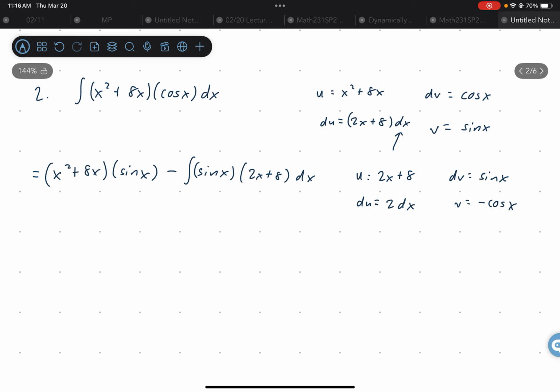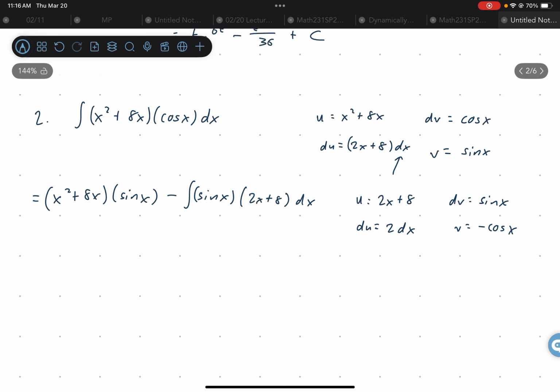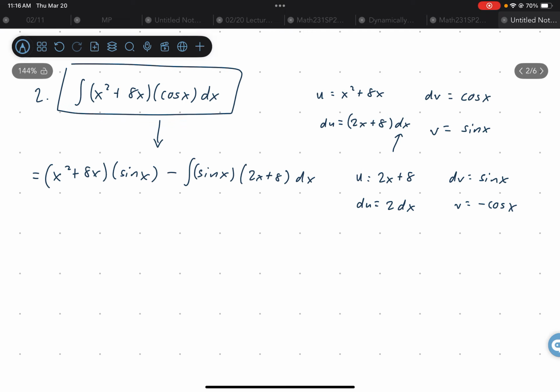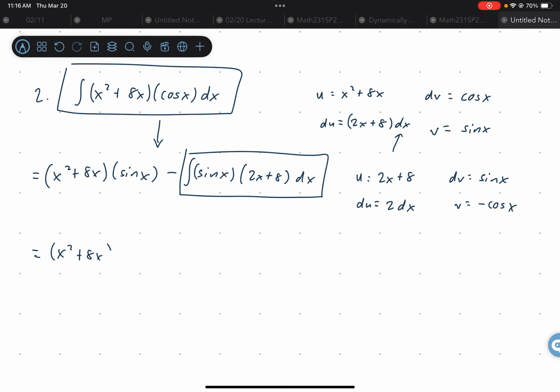And the way this works when you do integration by parts is just think about it like this. This turned into this. So when we integrate this by parts again, we're going to leave this front part out here alone. x squared plus 8x times sine x. We'll keep the minus. And then you can just think of it like a big parentheses, right? This goes to this, so now this is going to go to this.